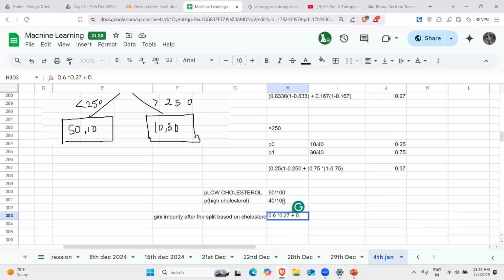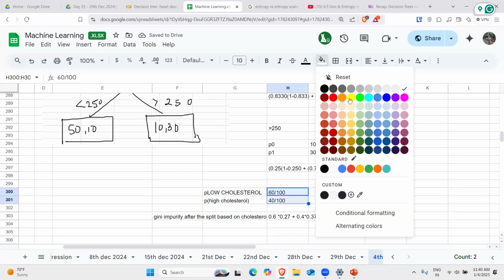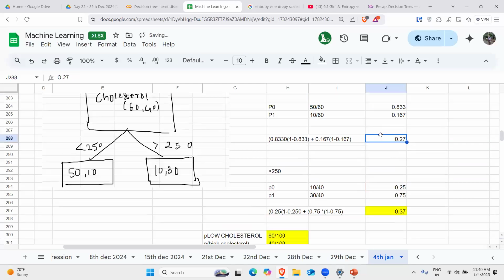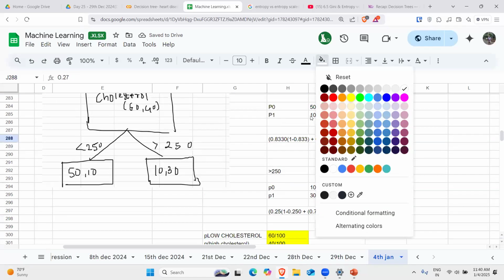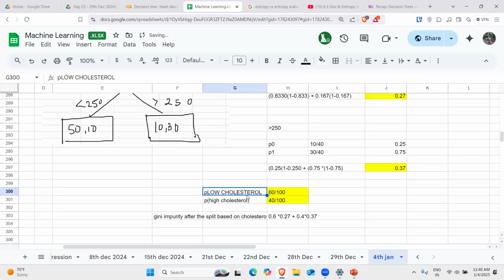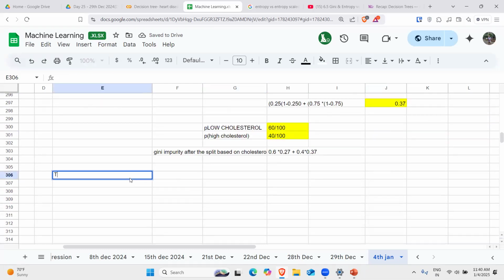So probability of high cholesterol into the Gini impurity of the high cholesterol node, that is 0.37, right? That we have done over here. We have used these two values, and this value, and this one. Perfect.